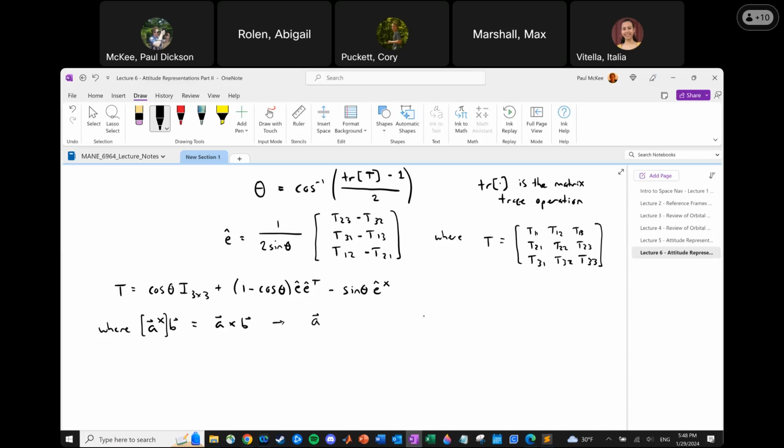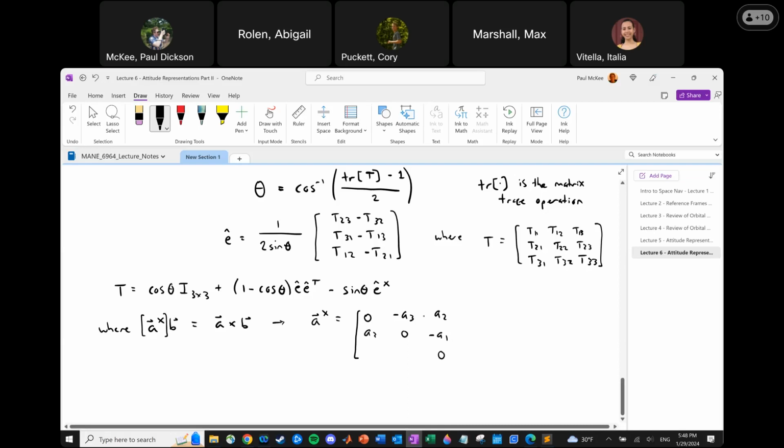A cross is a skew symmetric matrix: 0, negative A3, A2; A3, 0, negative A1; negative A2, A1, 0. So it is symmetric about the diagonal, but all the elements are flipped in their sign, and then the diagonal itself is 0. So this is something that you might have seen before.